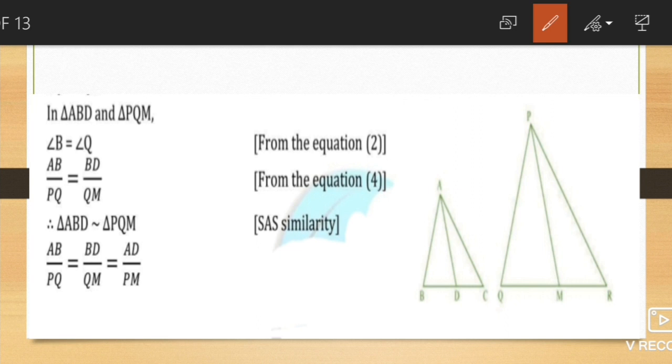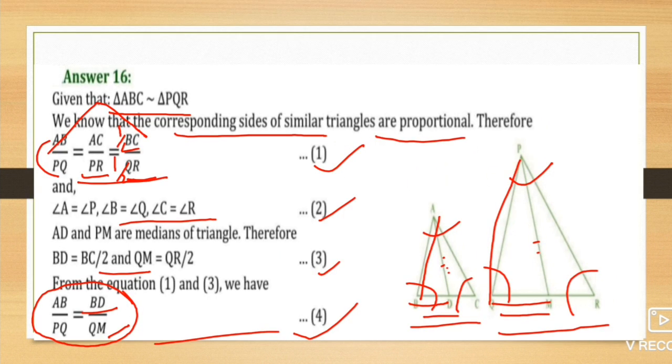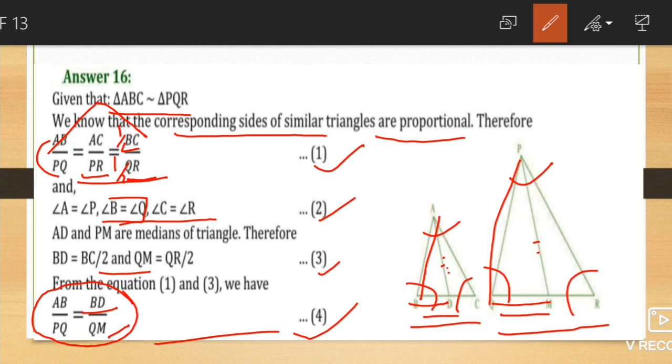So what you have got is AB by PQ is equal to BD by QM. Now again, triangle ABC is similar to triangle PQR, and you know that angle B is equal to angle Q from equation number 2.